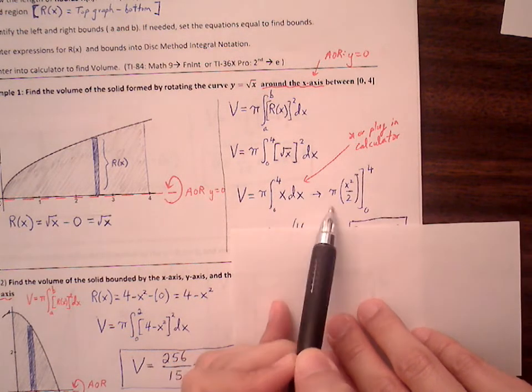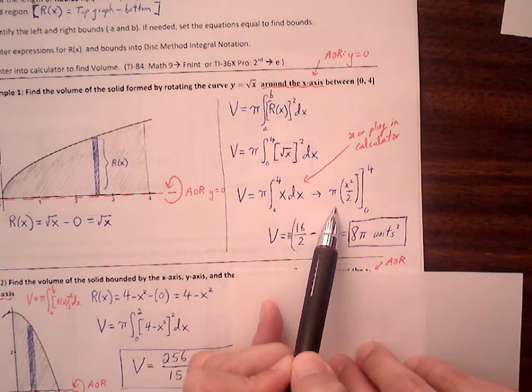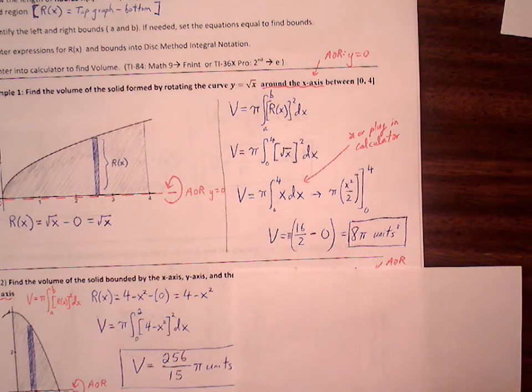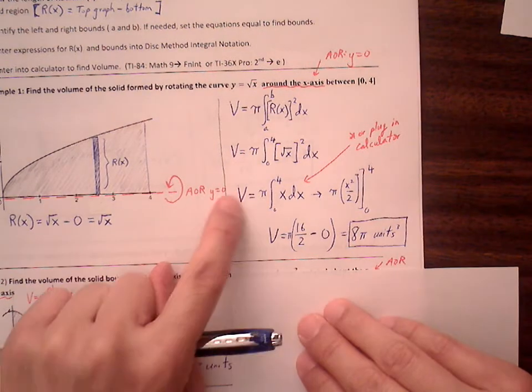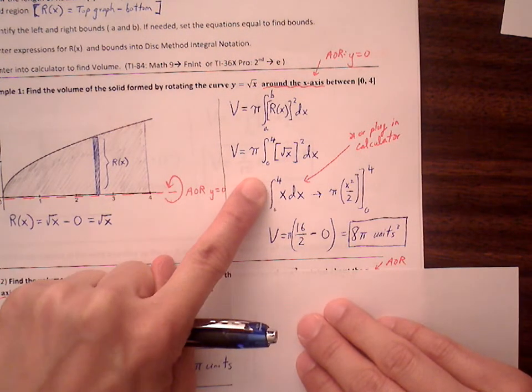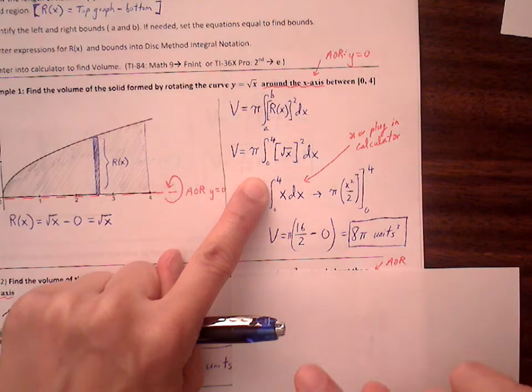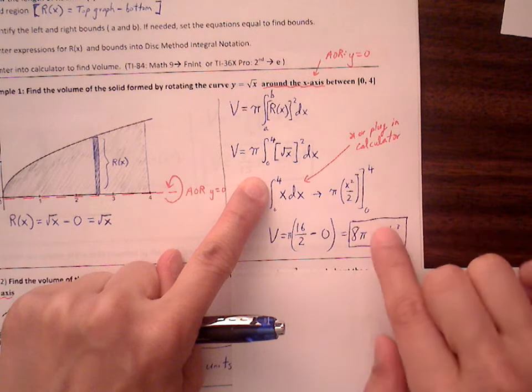This is easy enough for us to work out by hand, but we can also enter in our calculator. Now when we enter in our calculator, you're going to enter it without the pi notation. So in your calculator, you'll just do math 9 or definite integral from 0 to 4 of x dx, and then that will just give you 8.